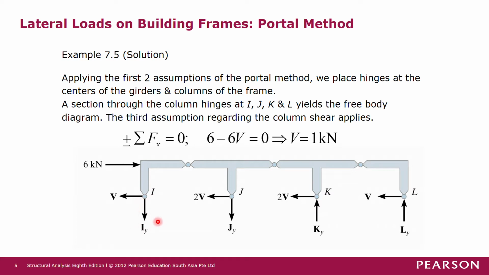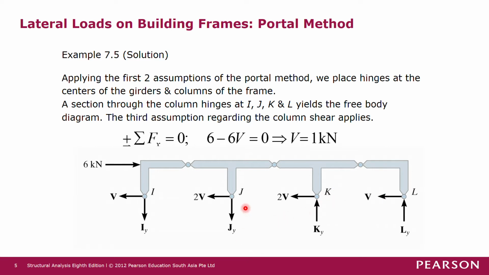We assume that the internal force in this column, the axial force, is tension. Tension is the force going away from the hinge, so Iy is in the downward direction. And then the shear force here is V. Then the interior column, the shear force will be 2V.